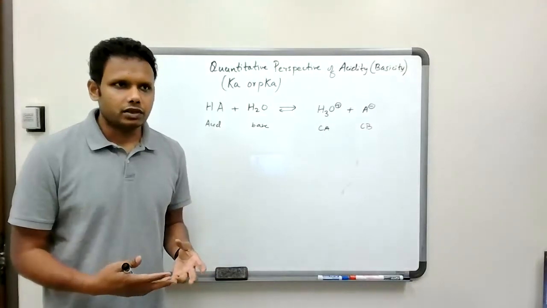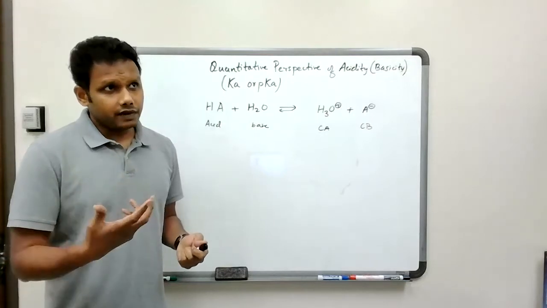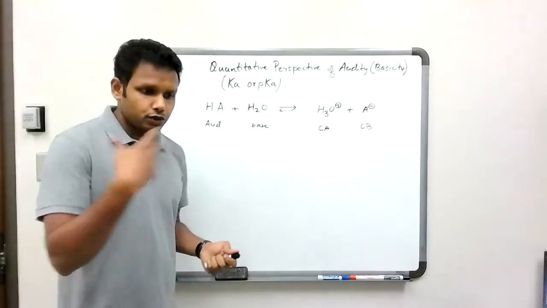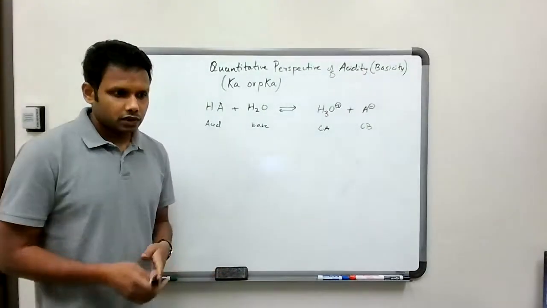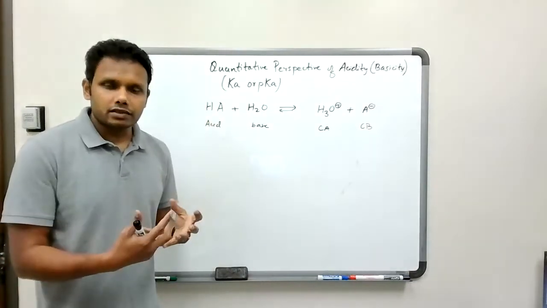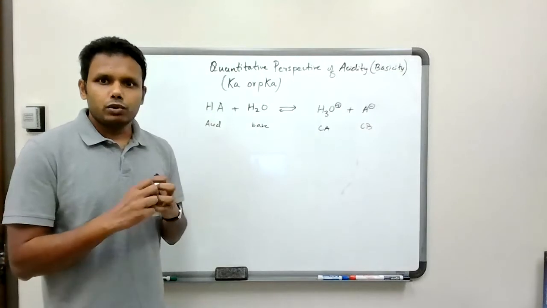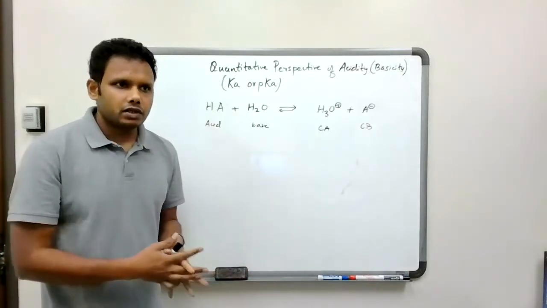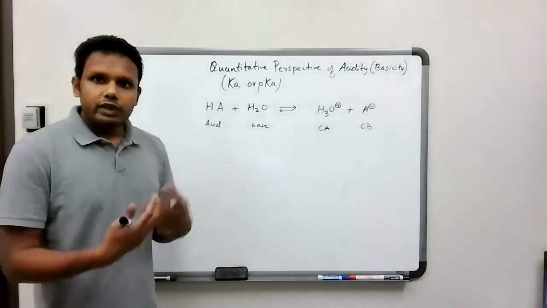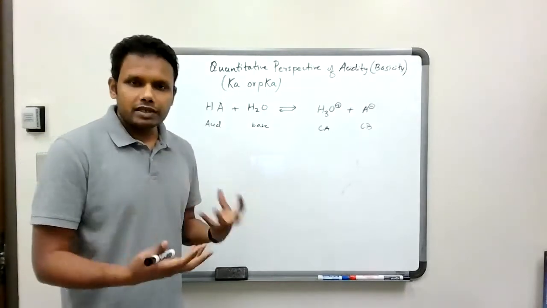Just think about that. An acid is defined as a proton donor. It should be able to donate protons. So if HA is a strong acid, what that would mean is that it is able to donate a lot of protons. It would be able to generate a lot of protons. And a weaker acid would be one that relatively generates fewer protons.